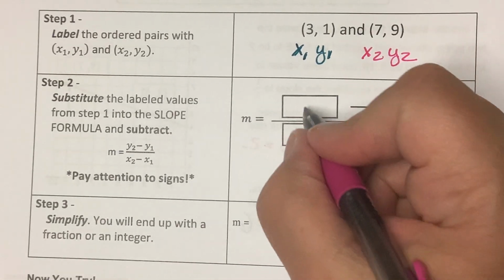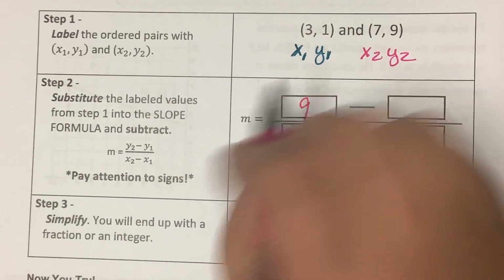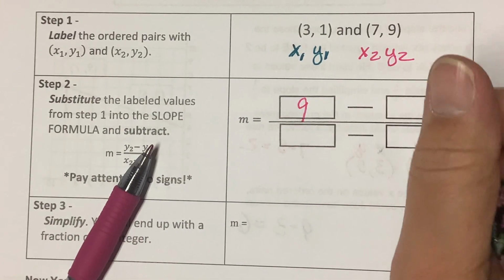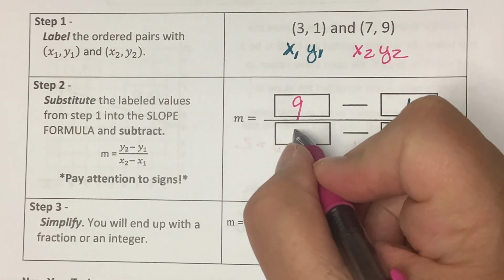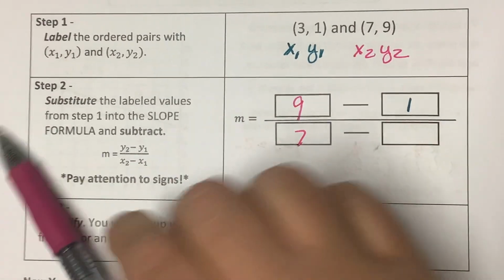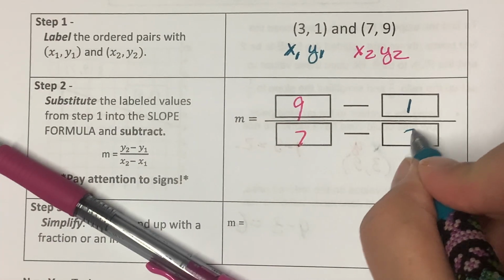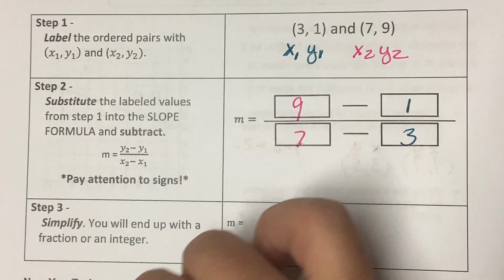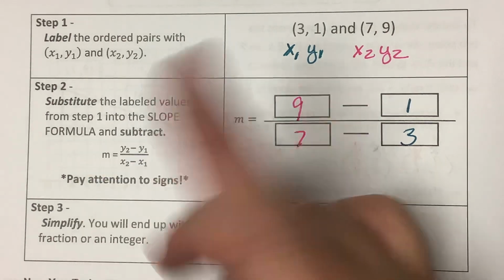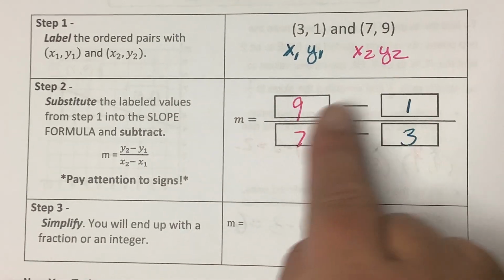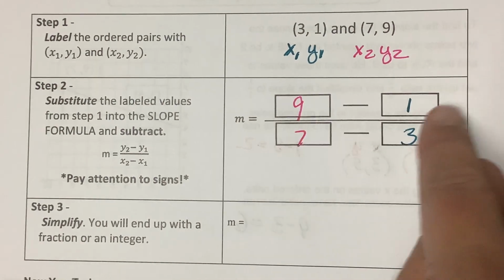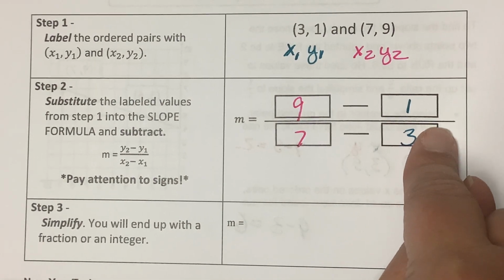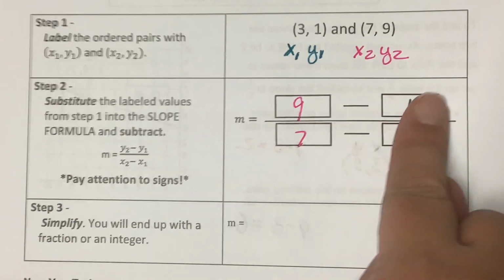So y2 9 minus y1, and x2 7 minus x1 3. All right, pay attention to signs. I did that on the other page. But you see how I have my y2 over my x2 and my y1 over my x1? The colors help me realize that they stayed together.